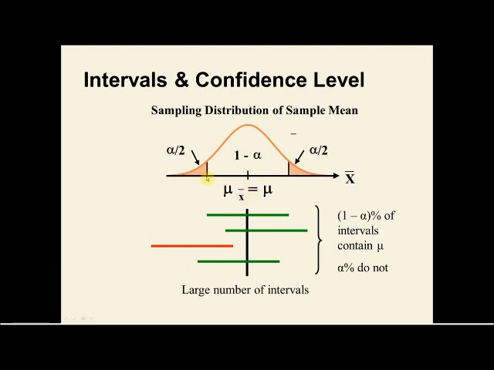So if we choose a value between here and here, then the probability that I'm outside of it on the high side is alpha divided by 2, and on the low side alpha divided by 2, because it's symmetric. So the probability that a random x bar is in this interval is going to be 1 minus alpha.